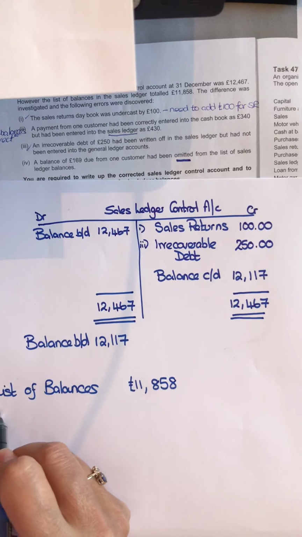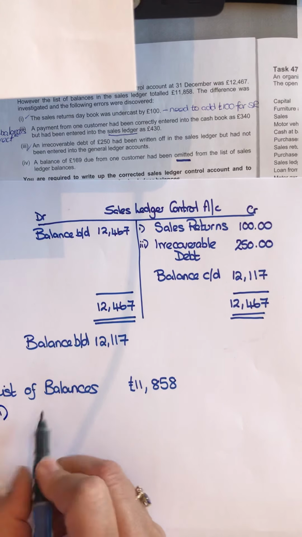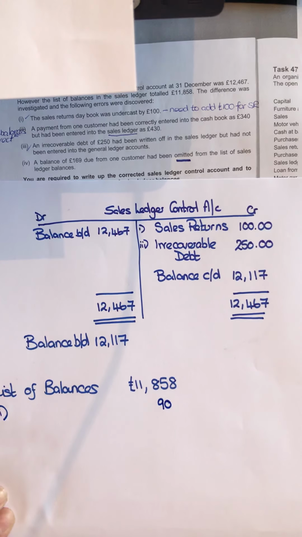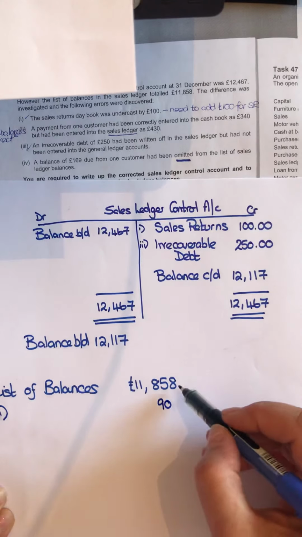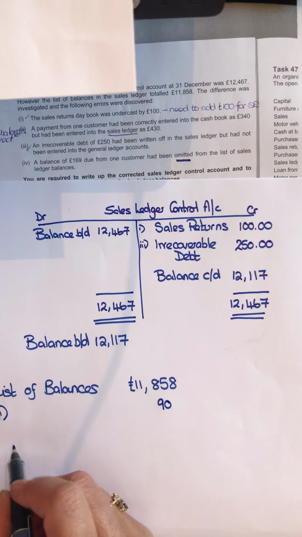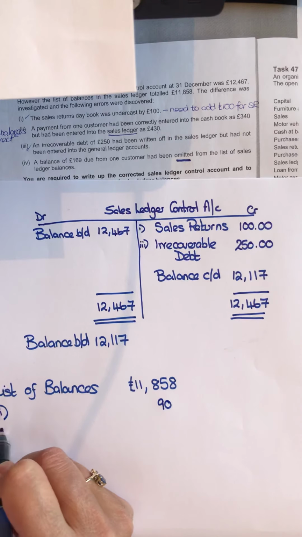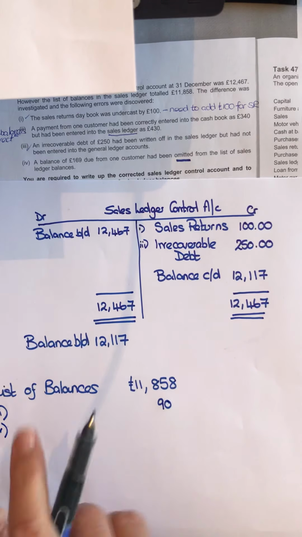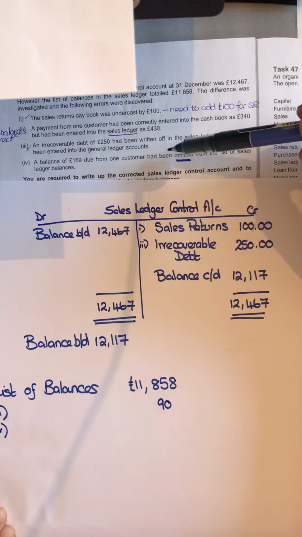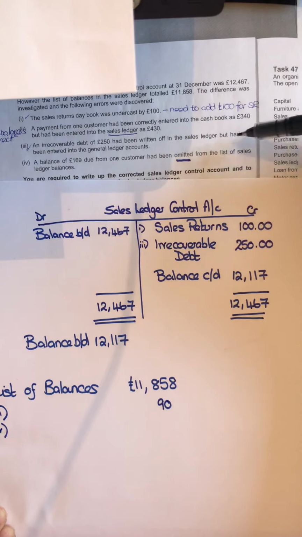So we're going to put error 2, and we're going to put our £90 here to show that we need to add it to what our customers owe us. We also didn't do bullet point 4. And this one said a balance of £169 due from one customer had been left off, omitted from the list of sales balances.